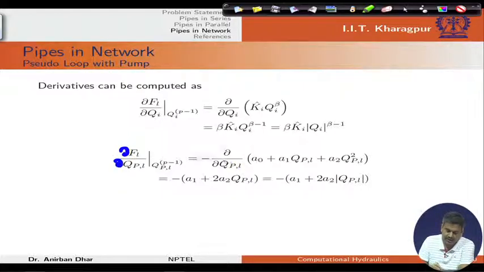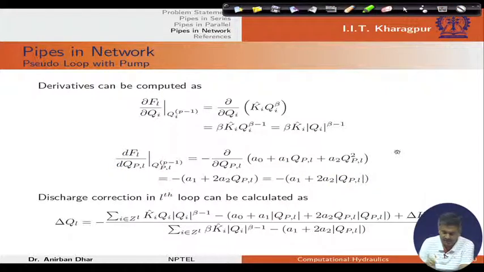With this partial derivative one negative sign, because whenever we are including the pump term, that is negative. So, negative A naught, A1 QPL, A2 QP square L, and if I take derivative of that, obviously these two terms will be there with the coefficients, and again in this case we need to consider the sign of the discharge, because this sign is important during calculation.